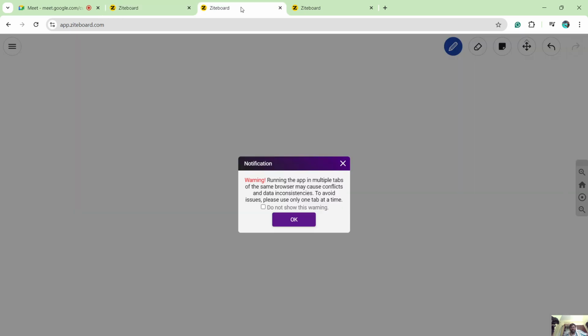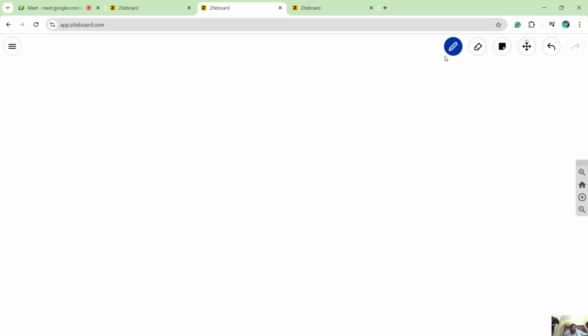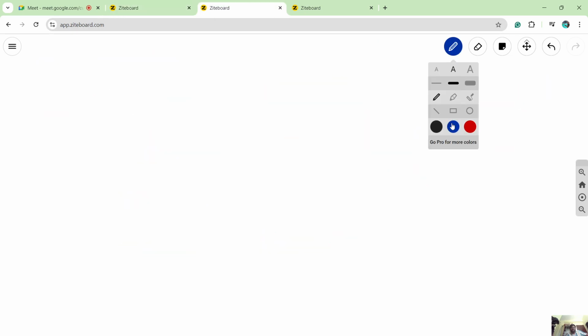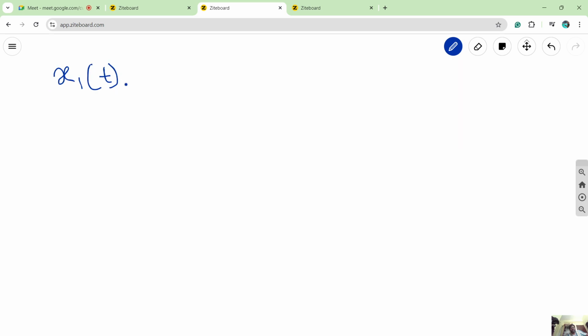Okay. So, as we are talking about the energy spectral density, suppose we have two signals. Suppose one of the signals is x1 of t, another is x2 of t.